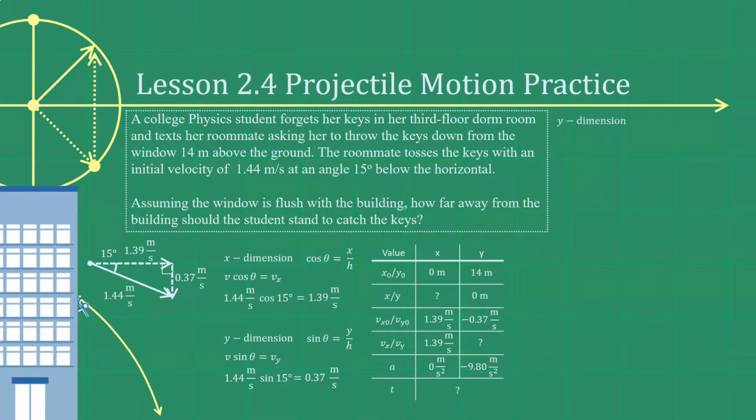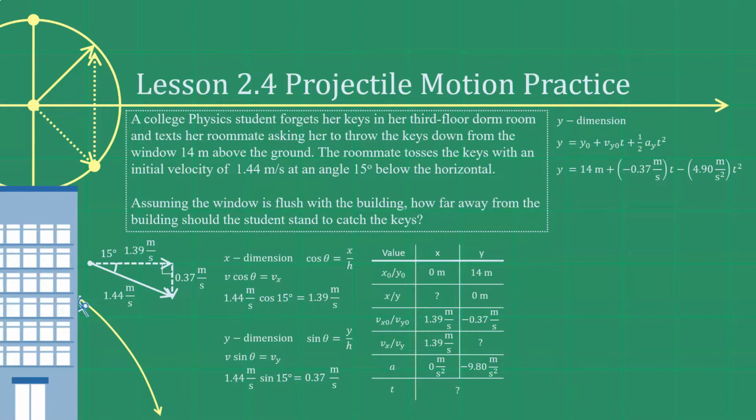And honestly, I could do this by trial and error too. I might have written out x dimension and then written my equation and tried to solve it and found out that I couldn't. So then I move over to the y dimension to see if I can solve in the y dimension. And the equation I'm going to choose is my distance time with acceleration equation. There is no term in this equation that's a zero, so I'm going to have to plug in values for everything that I know, and time is going to be my unknown.